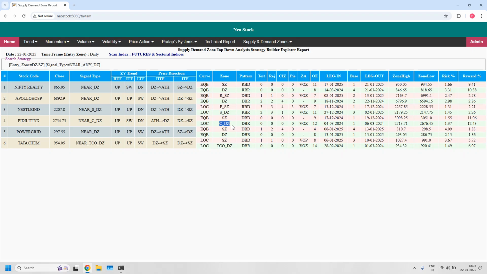Pidilite Industries is having a high liquidity zone. So total 2 high liquidity zones we identified. And Tata Chemicals is the TCO zone. That is a low priority high liquidity zone. You can't expect 80% success rate. Okay, this is stocks near daily demand zones.